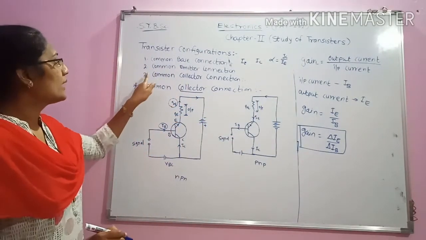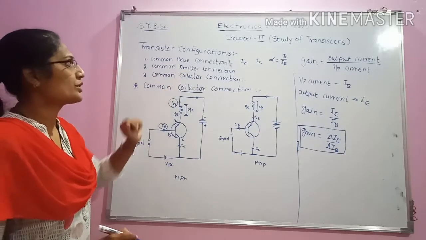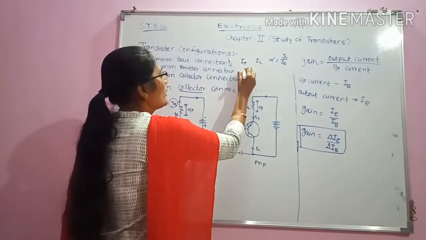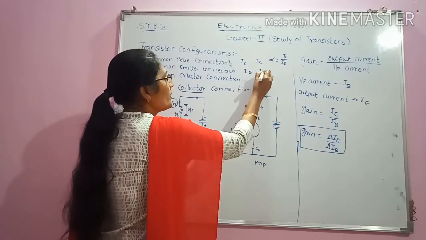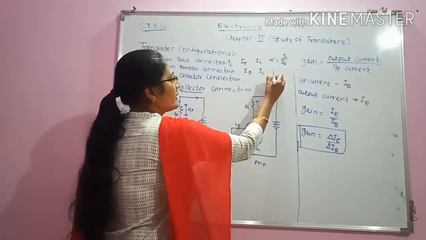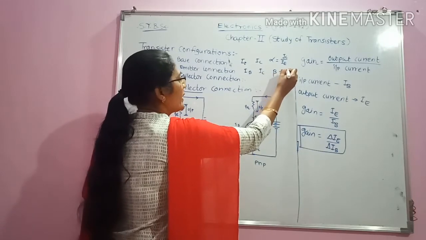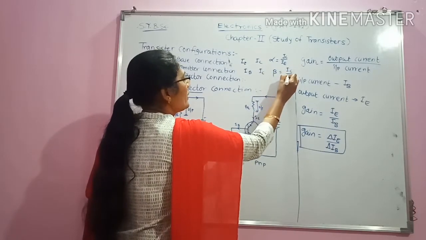Then, in case of common emitter connection, input is given by IB and output is given by IC, and its gain is given by IC upon IB.